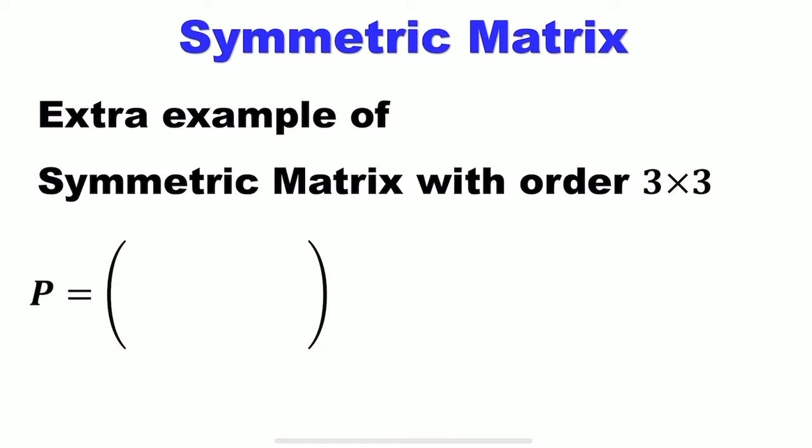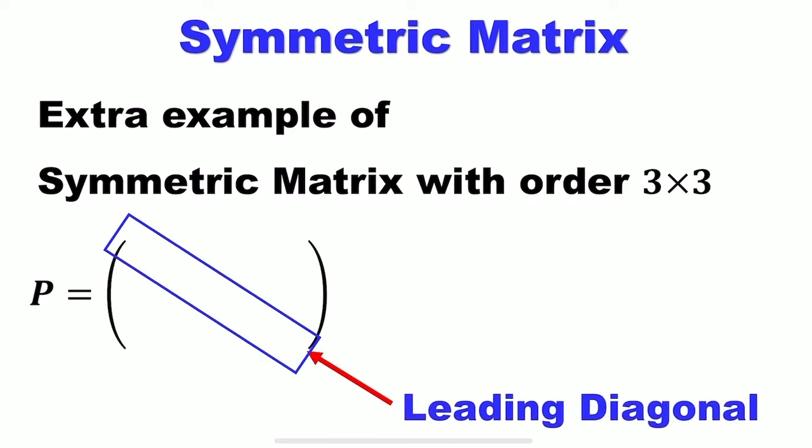Symmetric matrix with order 3 by 3. Here is our leading diagonal. The entries of the leading diagonal are 5, 11, and -7, and it acts as a mirror.